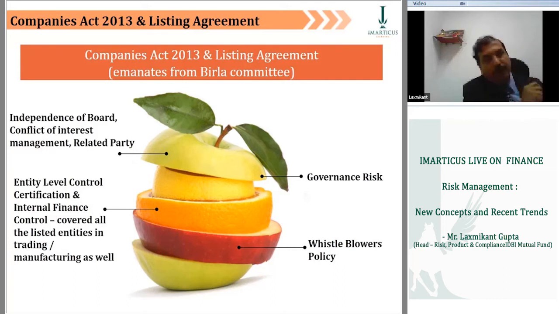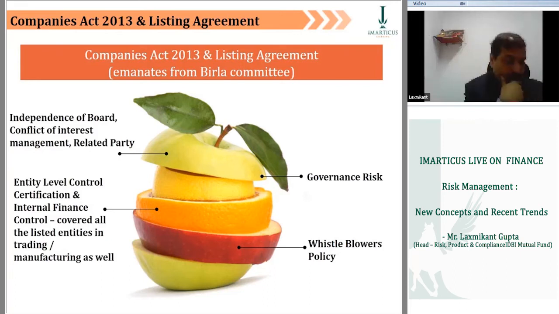The definition of officer in default was also revamped to include CFOs, chief financial officers, and company secretaries within its ambit. Even independent directors can now be an officer in default if they do not object to any violation happening or anything prejudicial to the company, and knowingly do not object.